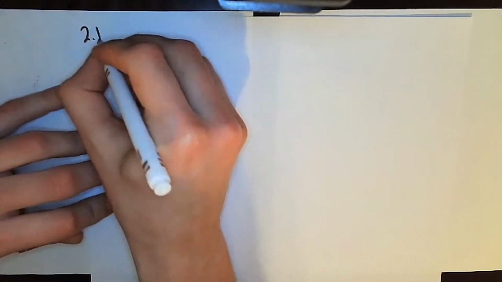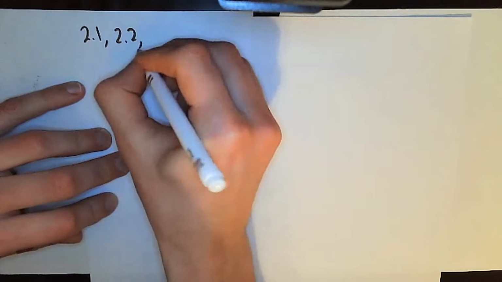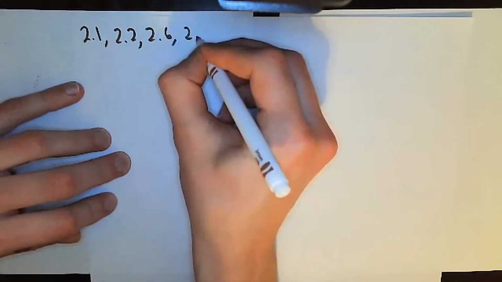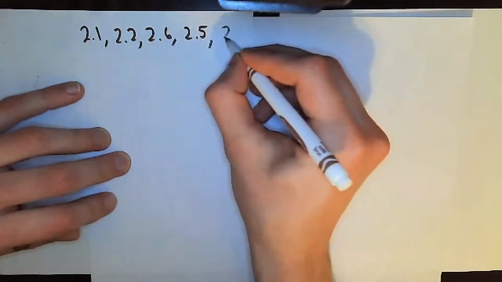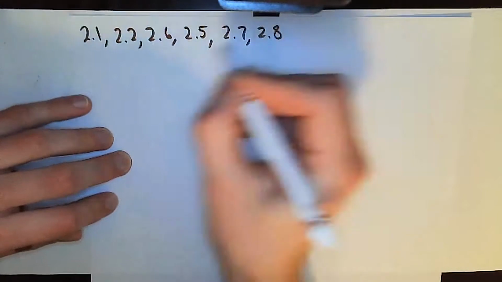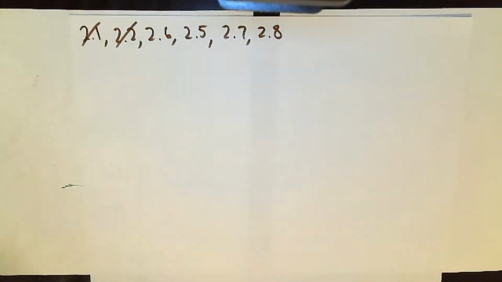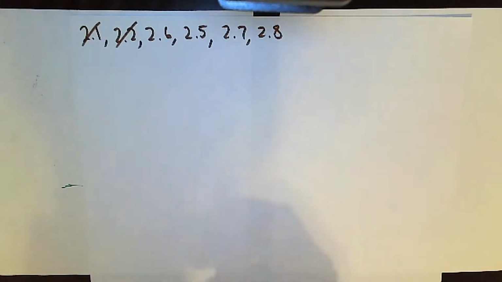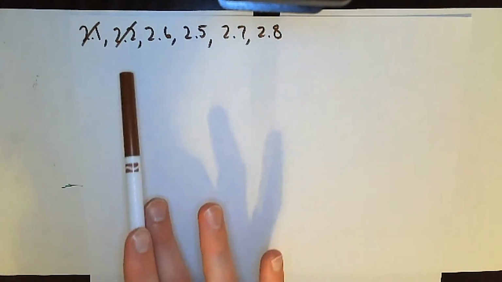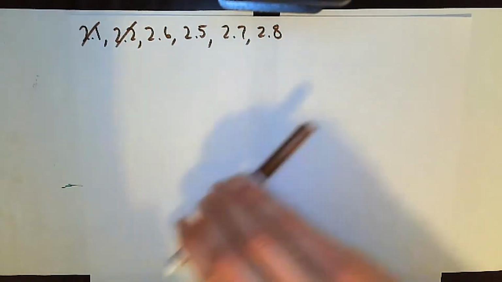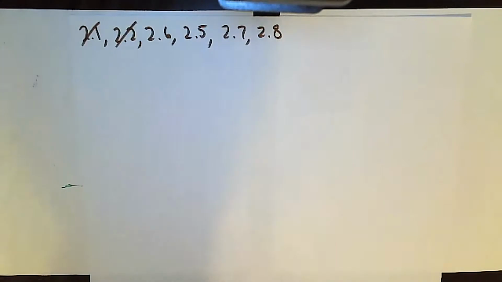So the order of things is going to go 2.1, 2.2, 2.6, then 2.5, and then 2.7 and 2.8. I know that's kind of weird, but if we didn't, as a course, skip sections 2.3 and 2.4, it would make more sense to me to go straight in the order they give.